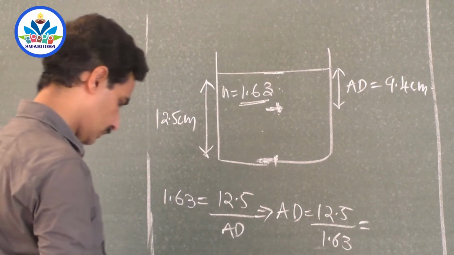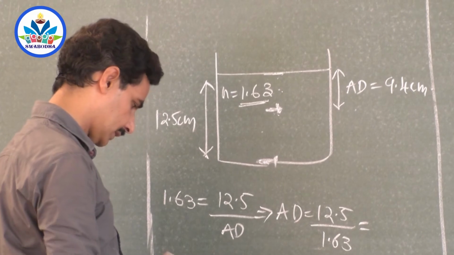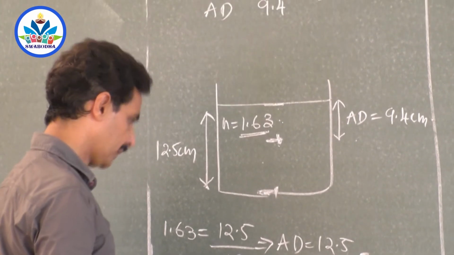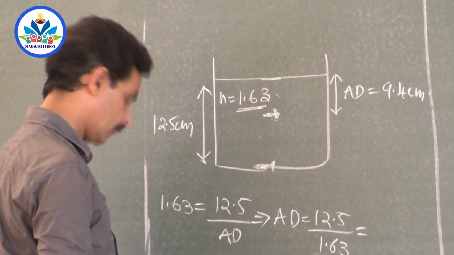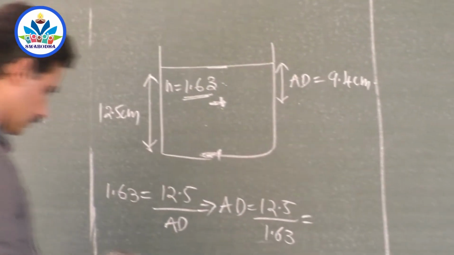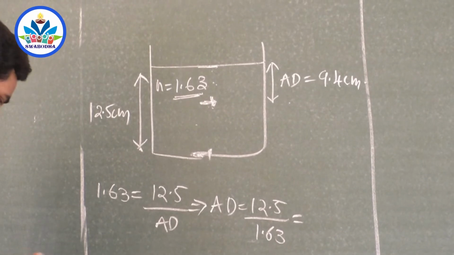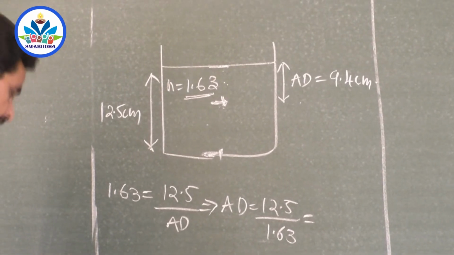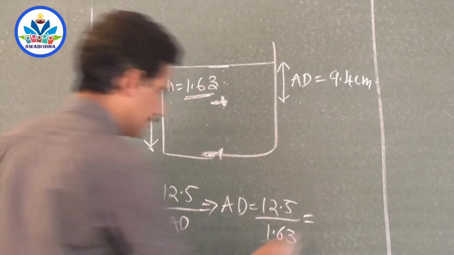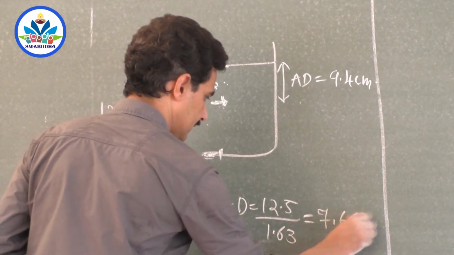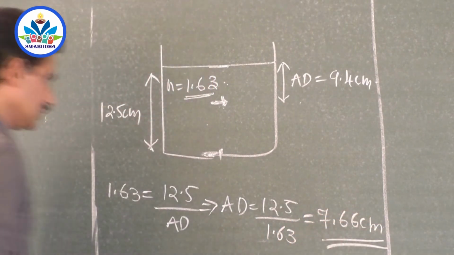Apparent depth is 12.5 divided by 1.63. That is equal to 12.5 divided by 1.63. It is 7.66. 7.66 centimeters. This is the new apparent depth.